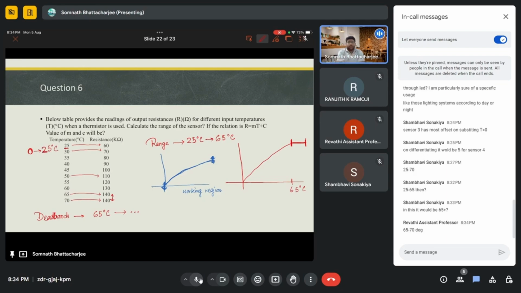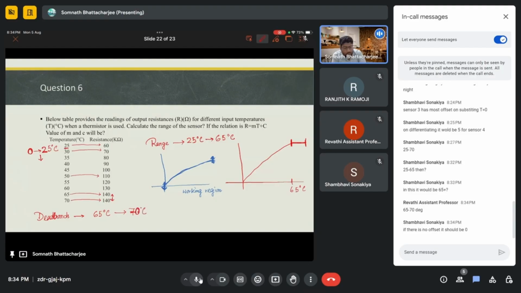What is the value of this sensor? Yes, 65 to 70 degrees centigrade, right? This will be precisely 65 to 70 degrees centigrade, as we don't know what will be above that, but after that the deadband can continue.